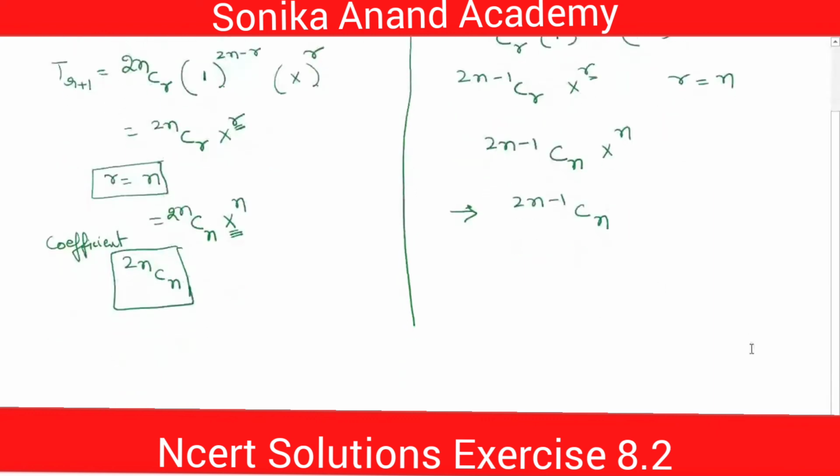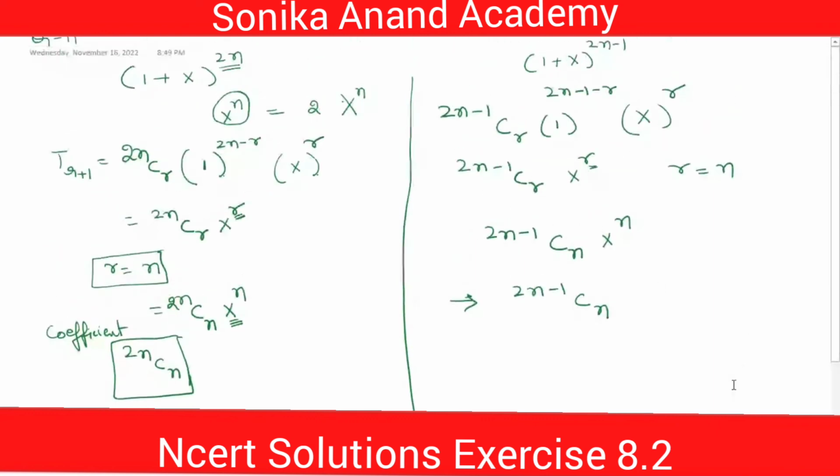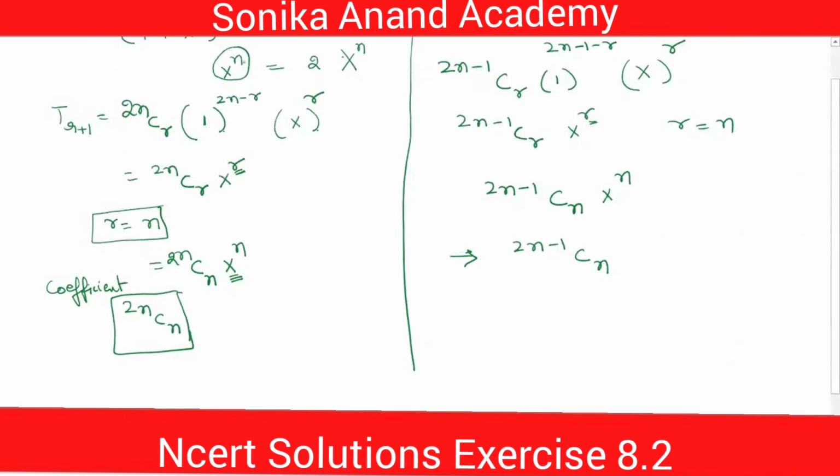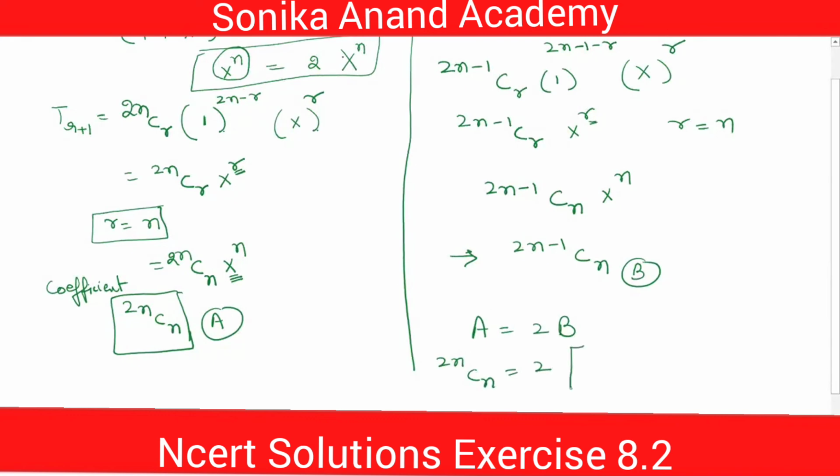Now you understood what I want to explain to you. Now there's a relationship between the coefficients. It is 2 times. For example, this is a and this is b. So relation is given as a is equal to 2 times b. That is 2n cn is equal to 2 times 2n minus 1 cn.